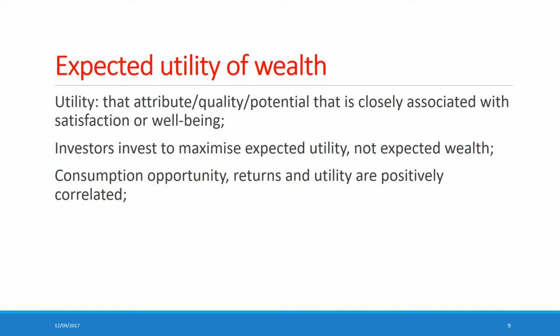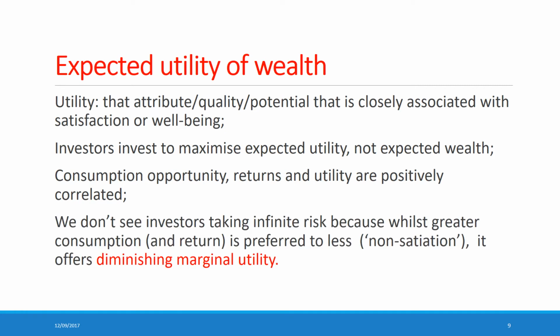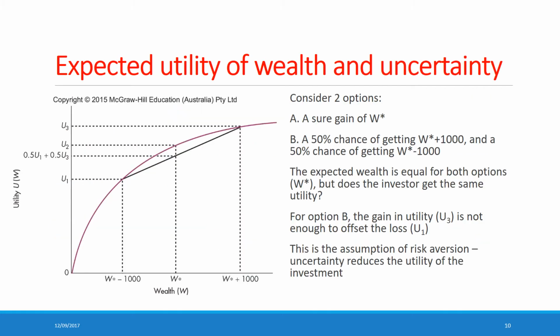So the theory states that investors are not expected to take infinite risk because expected utility increases with wealth but at a diminishing rate. What do we mean by that? What do we mean by a diminishing marginal utility function?